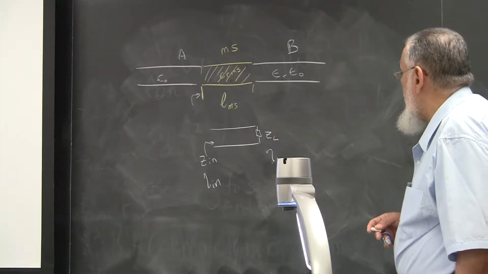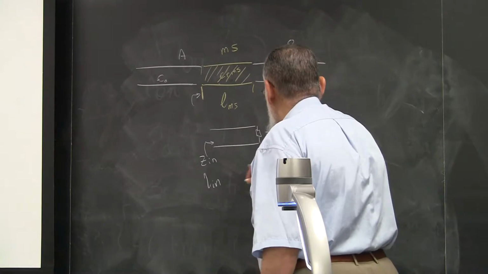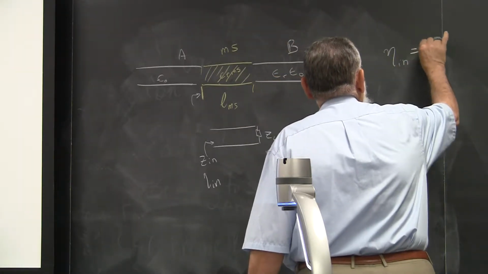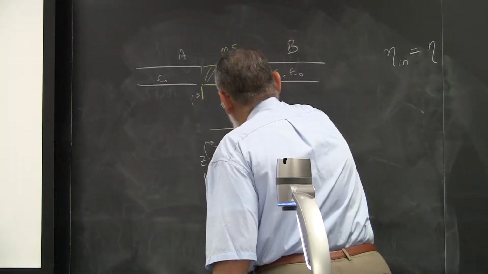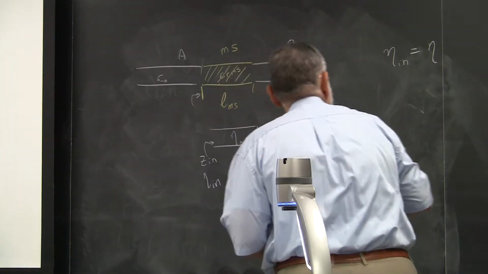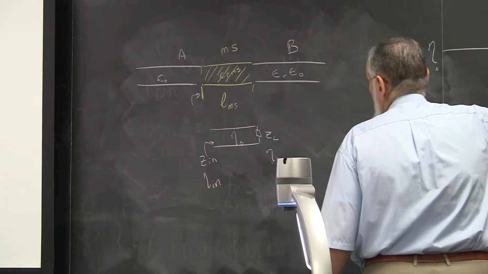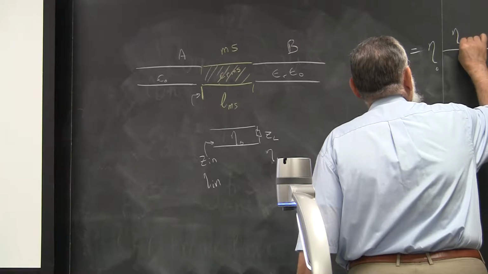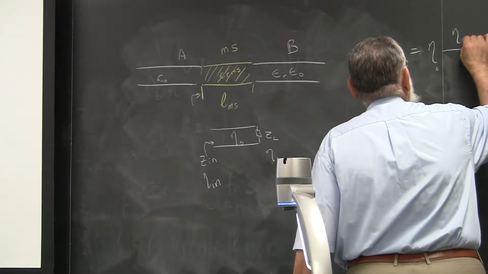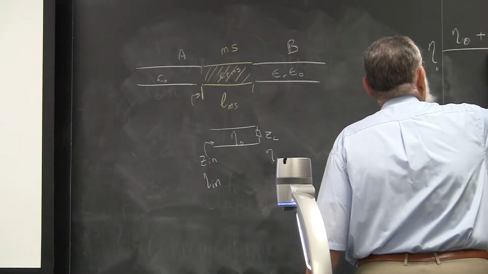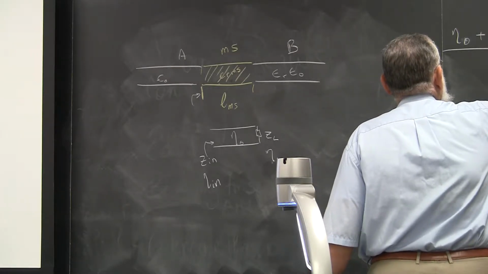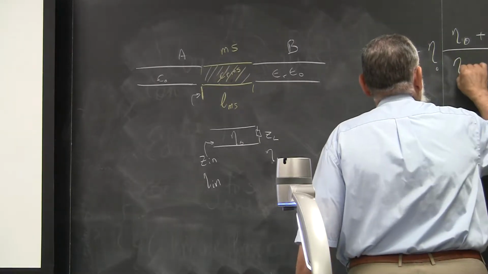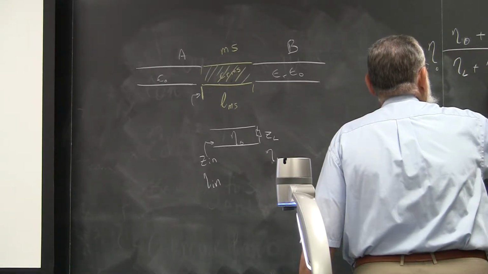Now, the same relationship that we've seen before: eta in is equal to eta naught times, you have eta L, I believe it's eta L plus eta naught times j tangent of gamma L, divided by eta naught plus eta L times j tangent gamma L. I may have it backwards.